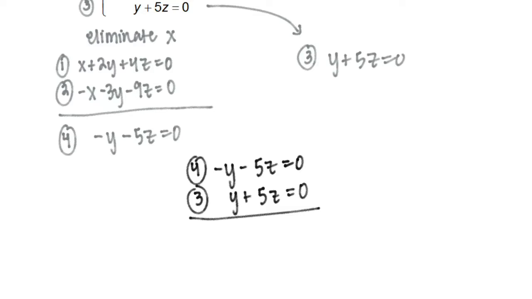So I'm going to add these two together, and I'm going to see that the y's are eliminated, but at the same time the z's are eliminated. So if everything is eliminated on the left hand side of the equation, I've got nothing, which is called 0. And on the right hand side of the equation I have 0. So in essence what happened here is I've got infinitely many solutions.